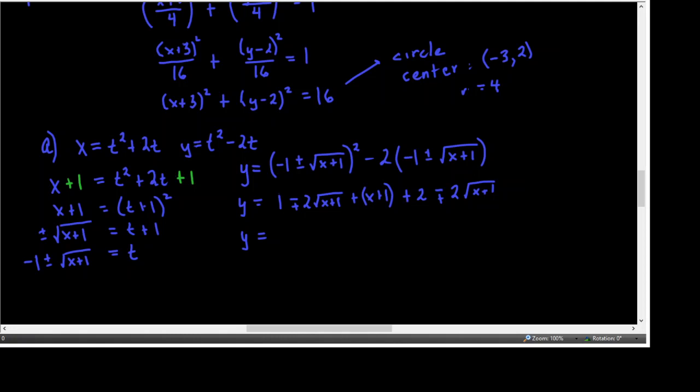Okay, so let's see. I'm looking for like terms. So I've got a constant of 1, a constant of 1, and a constant of 2. 1 plus 1 plus 2 is 4. Okay, then I'm looking for radicals. I have this radical and this radical. If I'm using the top, it's -2 times the radical plus -2 times the radical, which would be -4 of the radical.